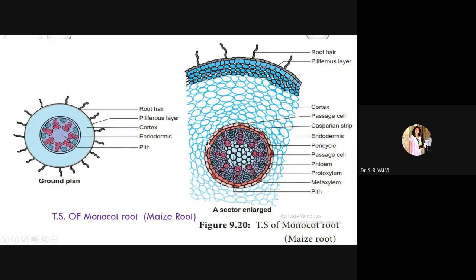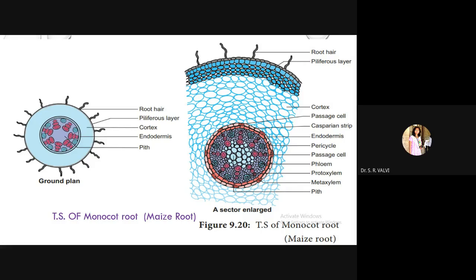This centrally placed colored part is called stele, S-T-E-L-E, the stele region. The stele region is made up of four kinds of different tissues or different layers, I can say.